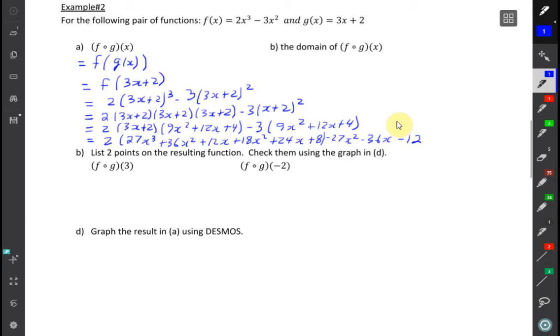Now you can see here that I didn't leave enough room below, so I will have to come up here and continue.